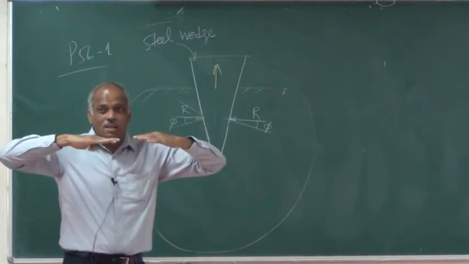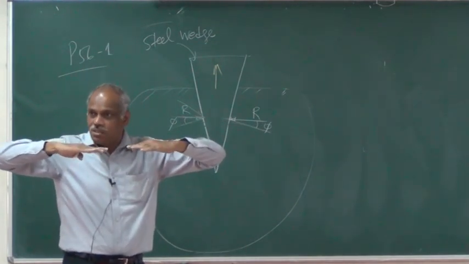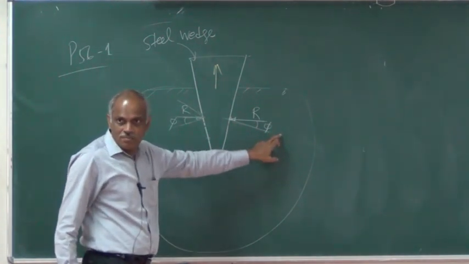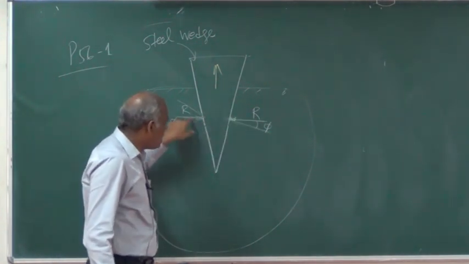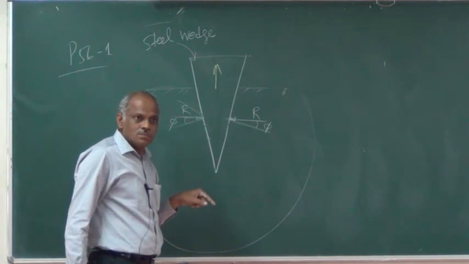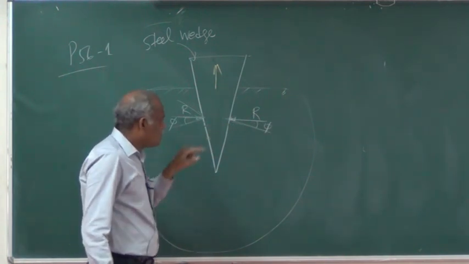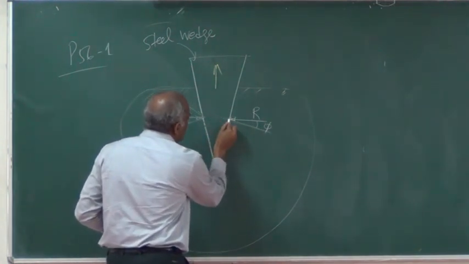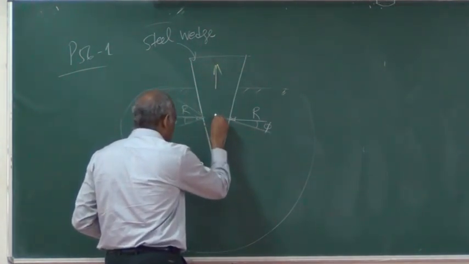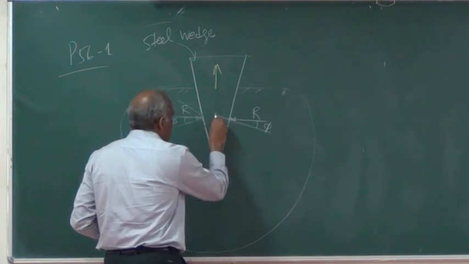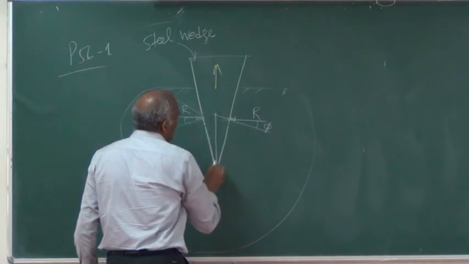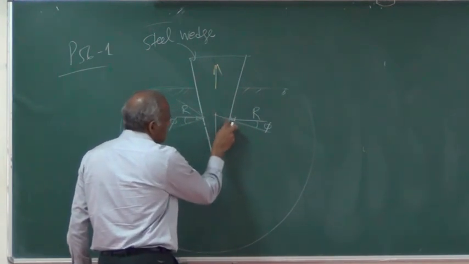So these two can be in equilibrium only if they are in the same direction, or collinear. So this is at an angle phi. So when it makes a phi, this R should be horizontal. Okay, so if this is the case, what should be the angle here? That is our question. So you can see that you can construct a line like this. So you have this line. So this is going to be this angle.